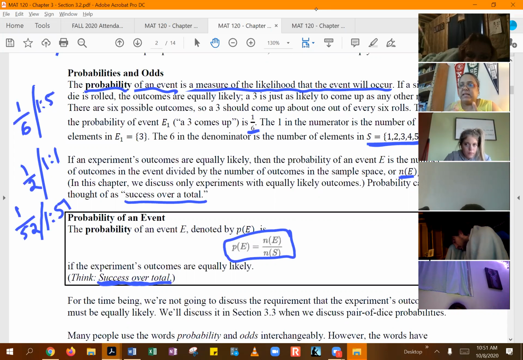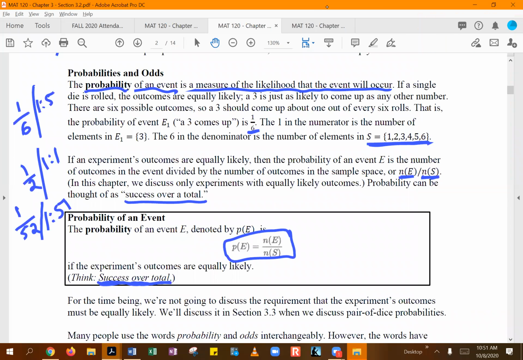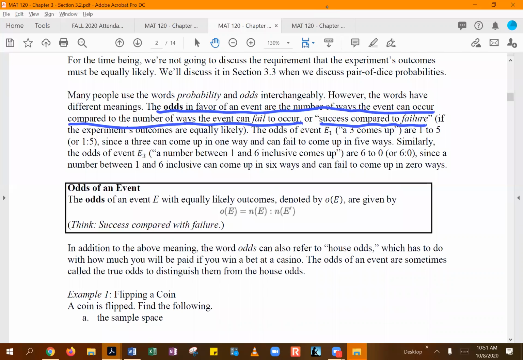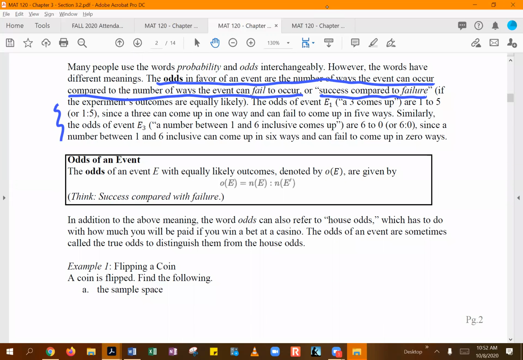So you can see it's a little bit different when we are talking about odds than when we are talking about probabilities. And that's what they are talking about over here in this example. The way your odds of an event are calculated is you take how many items you have in the event itself, set it up like a ratio, and compare it to how many outcomes you did not have in the event.